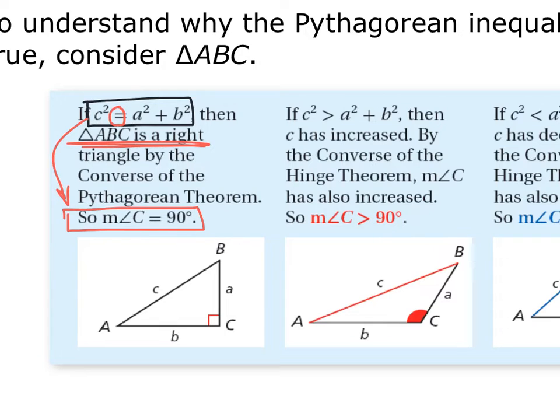So if c squared is equal to a squared plus b squared, then C by definition is 90 degrees. Second, if c squared is greater than a squared plus b squared, then side c has increased. So if side c has gotten longer, this tells me that angle C has to be greater than 90 degrees.